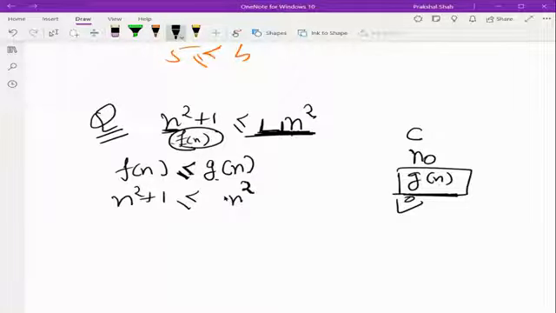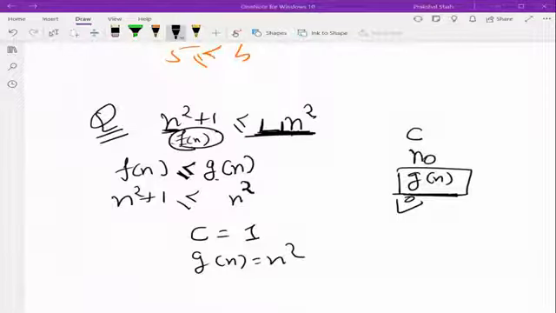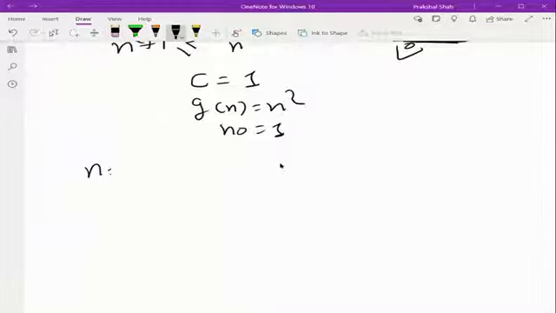If I just put this, can I say that I have put c equals to 1, g of n equals to n square, and I have put n0 as also 1? Yes or no? Right. So if I just take the example of n equals to 1 here, then can I say that 1 plus 1 is less than or equals to 1? I can emphasize on this.